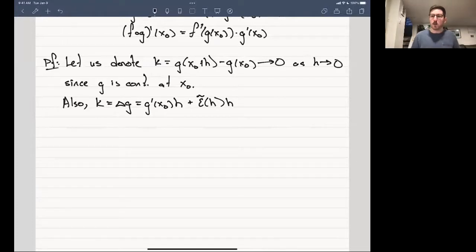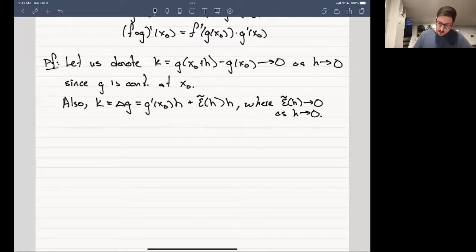So that's my error term for the linear approximation for the g function. By definition, epsilon tilde of h goes to 0 as h itself goes to 0. This is just from the definition of differentiability. So all we've used so far is the fact that g has to be continuous, and so k goes to 0 as h goes to 0, and the definition of differentiability.